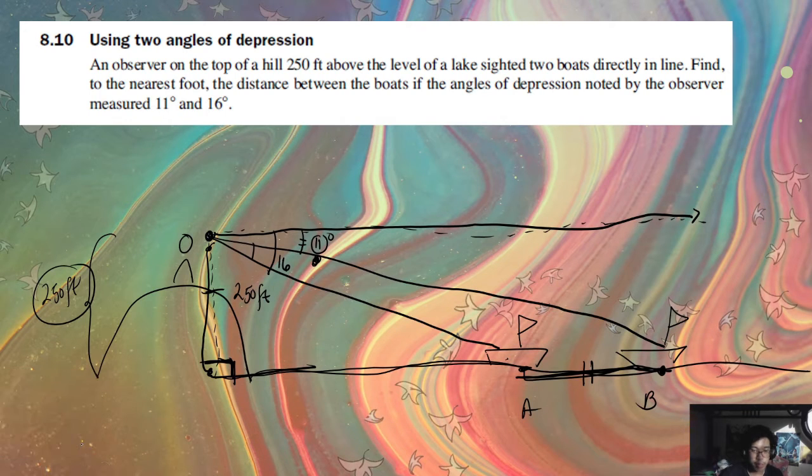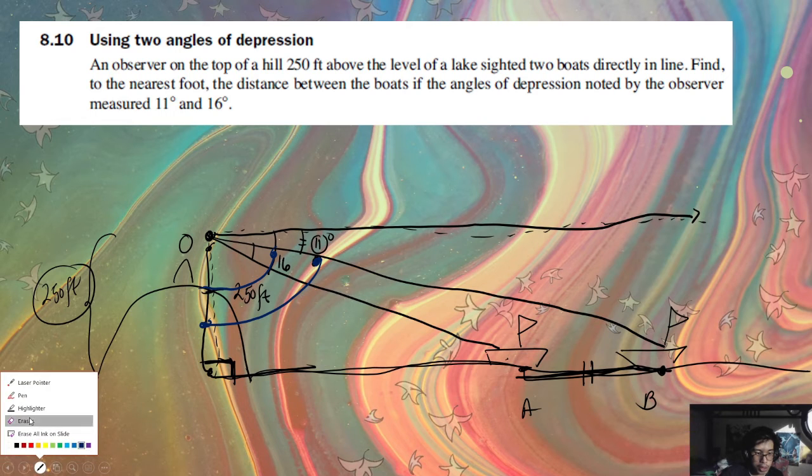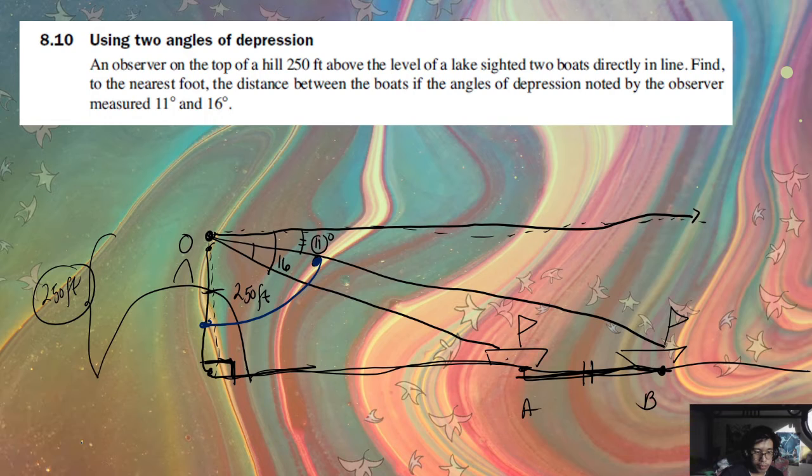I'm going to write it in blue so you guys can see it. We need to solve the measurement of this angle here, from here to here, in order to solve for the angle measurement that we need.